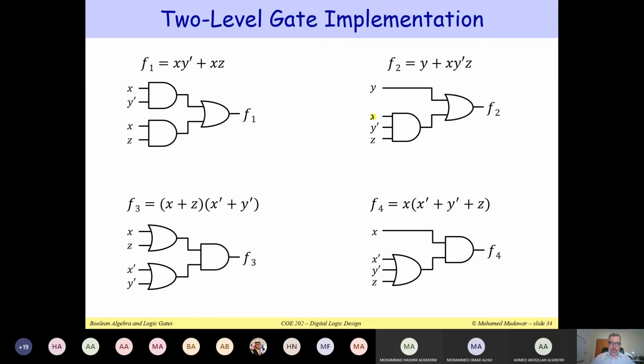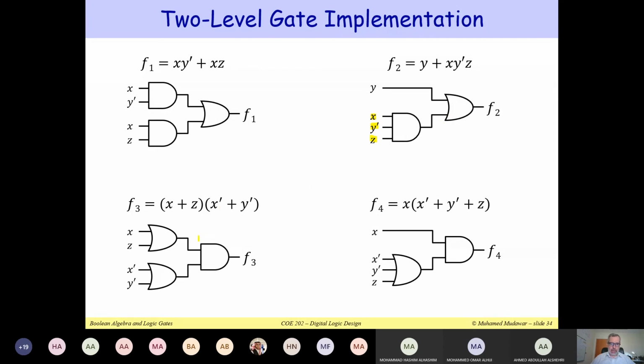It has 3 inputs, x, y prime, and z. I'm not showing the inverter that will invert y, but I'm assuming there is an inverter here. So again, it is AND OR implementation. We call it AND OR implementation because you AND first and then you OR. This is in the case of sum of products.